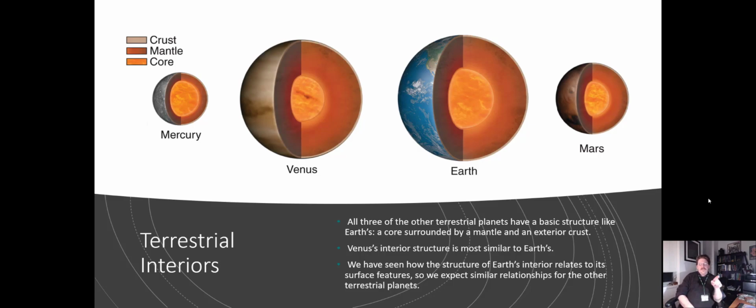One of the things I want to point out is Mercury. As you can see, Mercury has a ginormous core in comparison to the rest of the sides. It is far larger in ratio than it is for the other two.